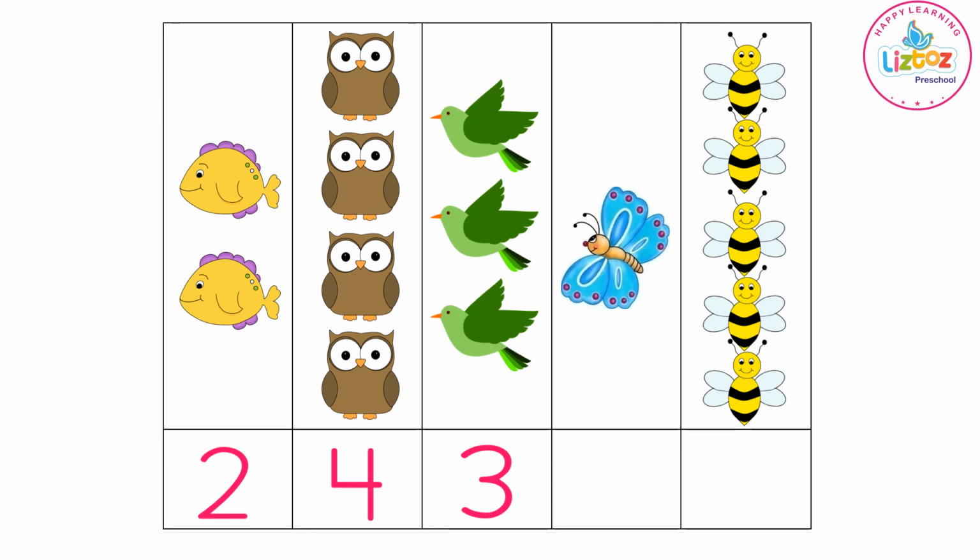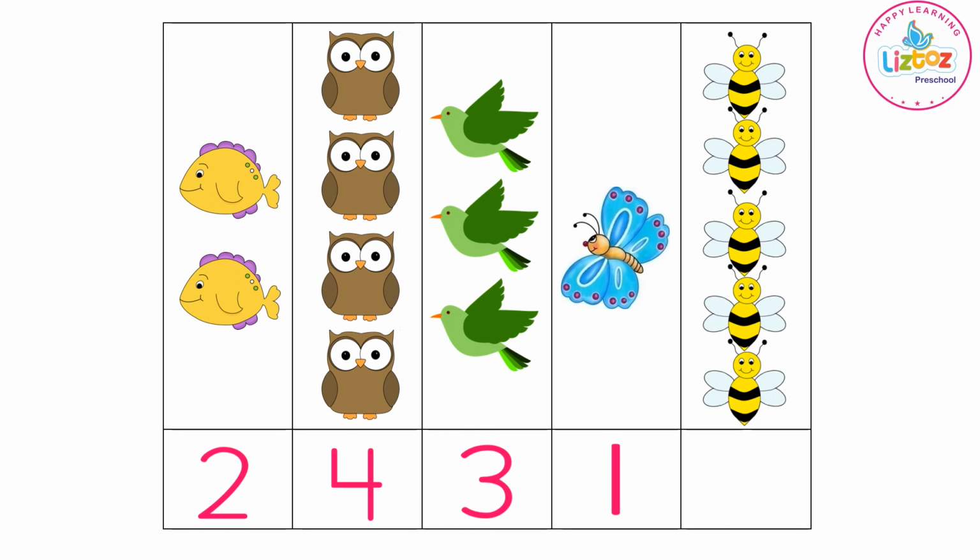Next, who's there? Butterfly. How many? Count and see. 1. Only 1. So what number do we have to write? 1. Okay. Now what is there in the last picture? Honeybee.